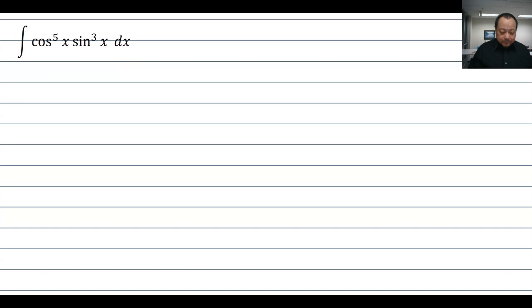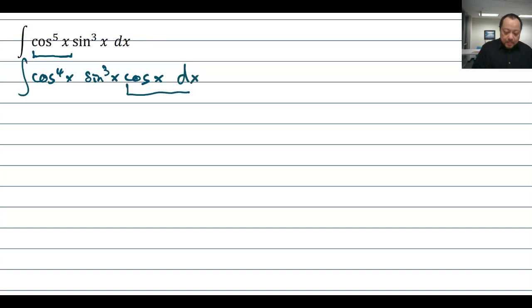To make life easy. All right, so I take cosine fifth and I separate out one of the cosines. That leaves cosine to the fourth and sine cubed and the dx. This one looks like the derivative of sine. So that means I want to change the rest of them into just sine.